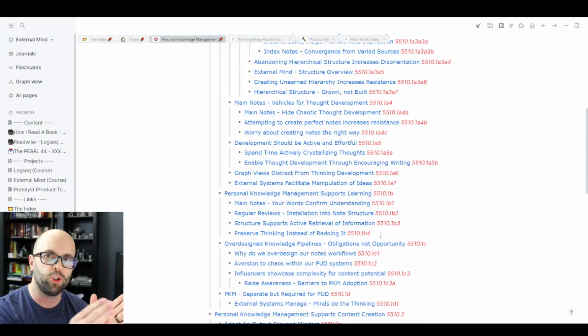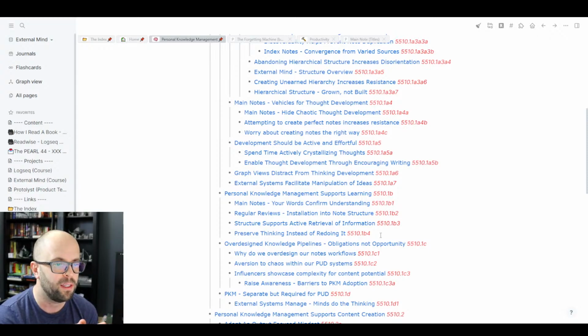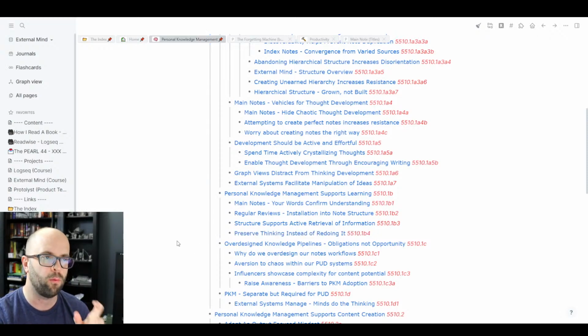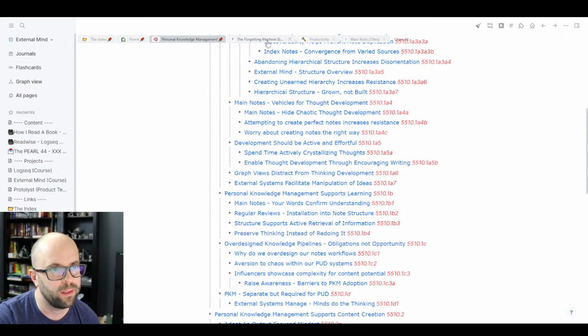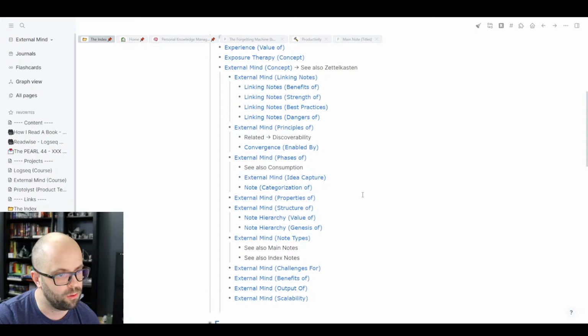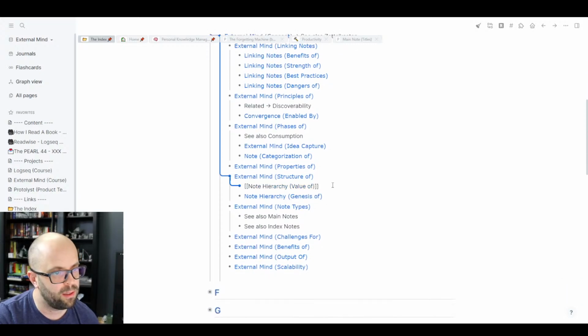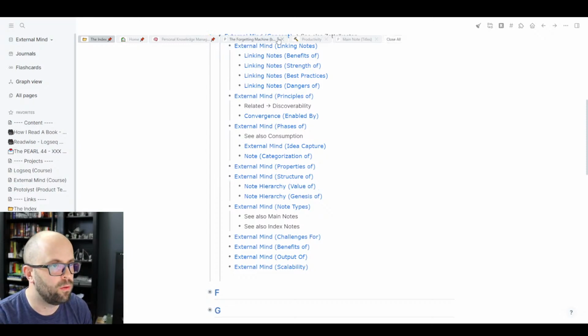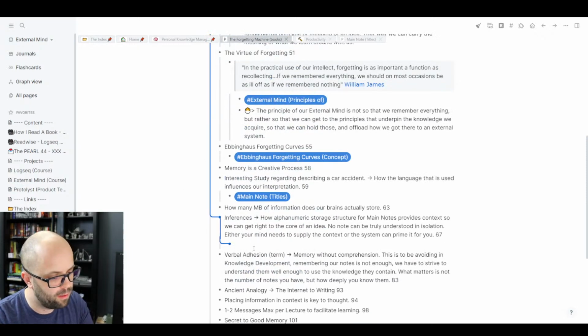So I can shorten the idea down to its essence instead of having to say external minds or PKM, talking about learning. I can add so much more just by where I store it. So that one, I probably want to add the value of note hierarchy to.